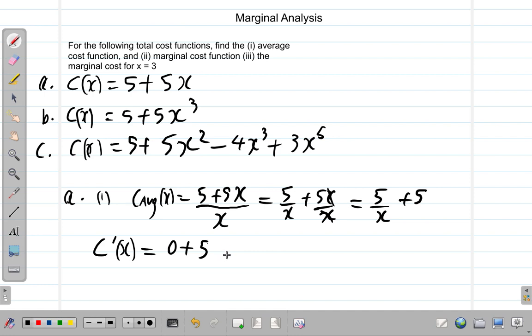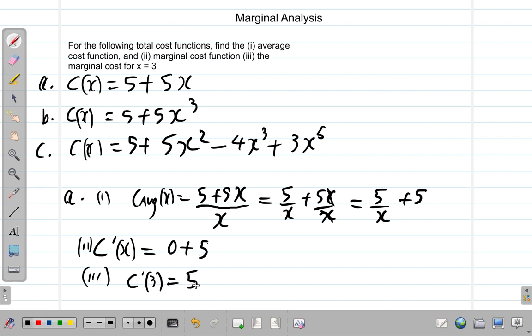Now, question. What is the marginal cost at x equal 3? By the way, this was part 2. Let's look at part 3. At x equal 3, C prime of 3 would be what?